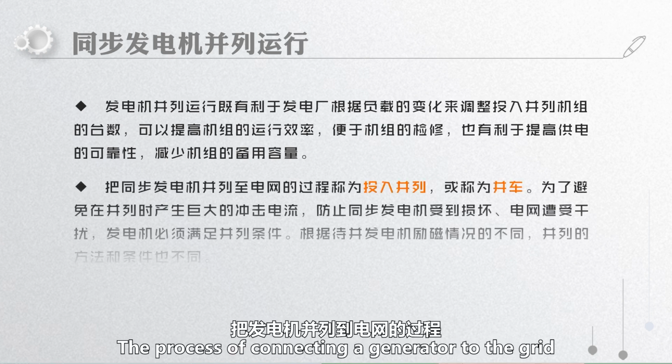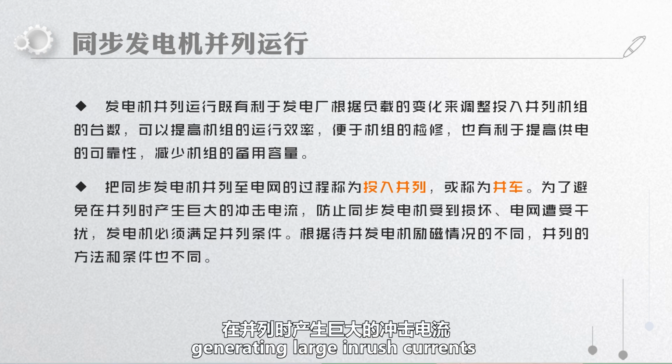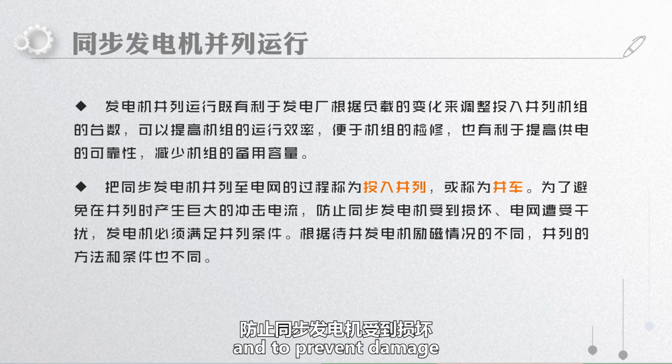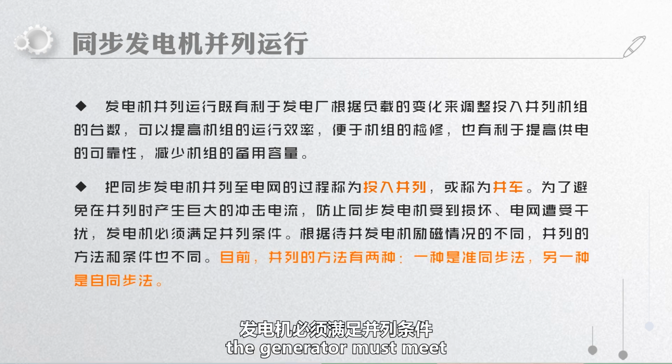The process of connecting a generator to the grid is called paralleling or synchronization. To avoid large inrush currents during synchronization and to prevent damage to the synchronous generator and disturbance to the grid, the generator must meet the synchronization conditions.